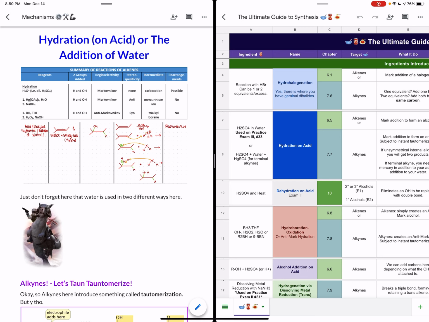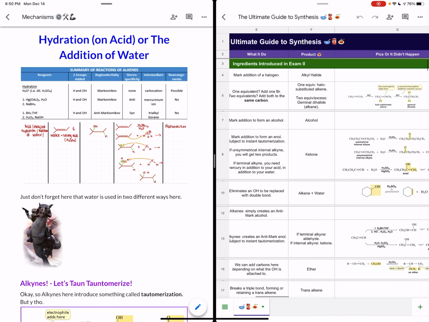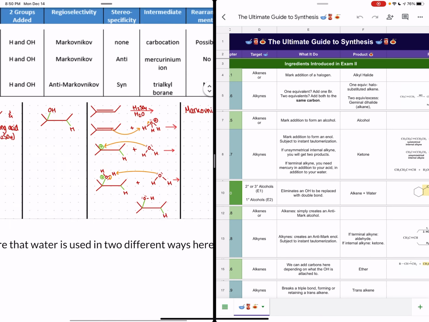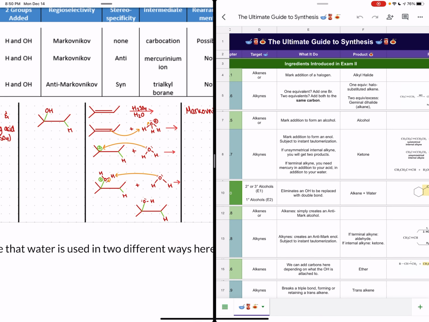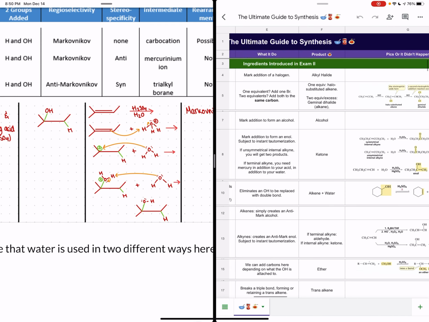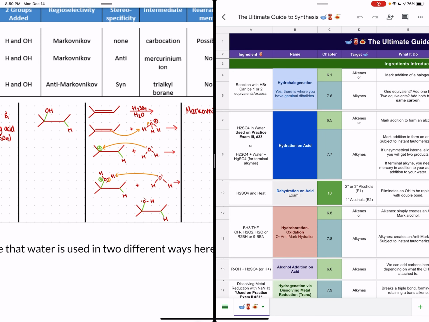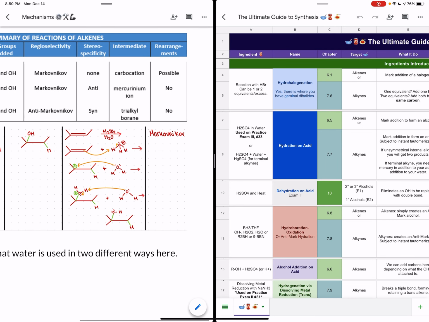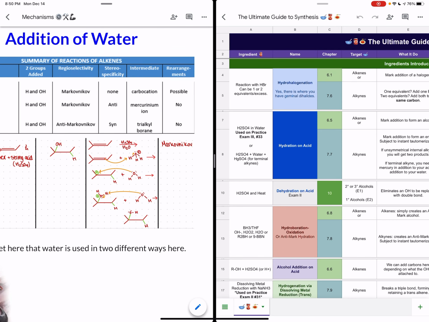Also, it's a Markovnikov addition. And if you are adding mercury, it's an anti-addition. But if you're doing alkenes, you're going to form an alcohol here, as we can see in this picture. It's going to be a Markovnikov's addition. So it's pretty easy in terms of, there are carbocation rearrangements here also, so just be careful.